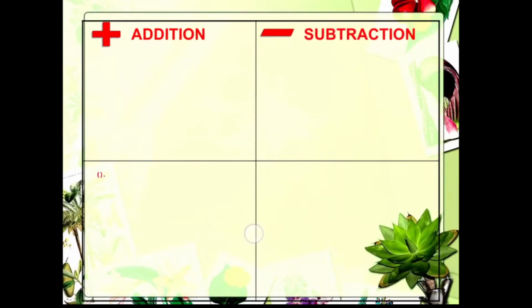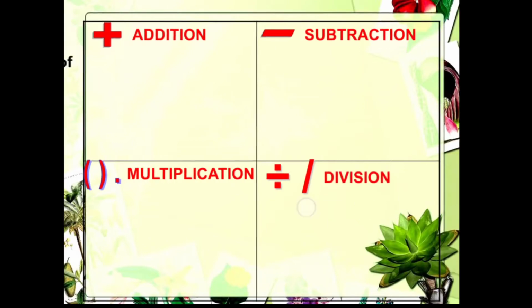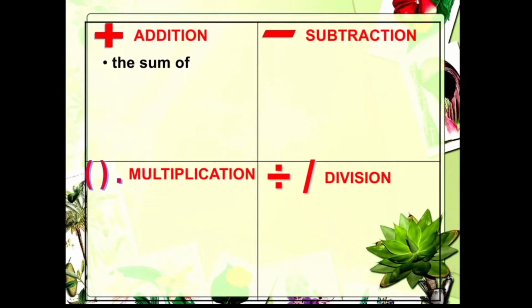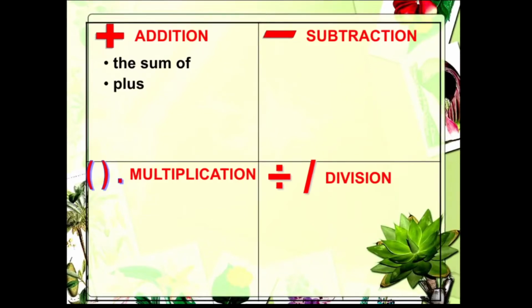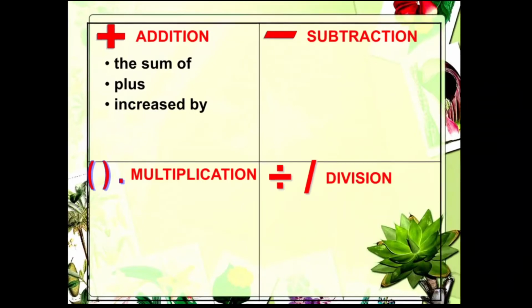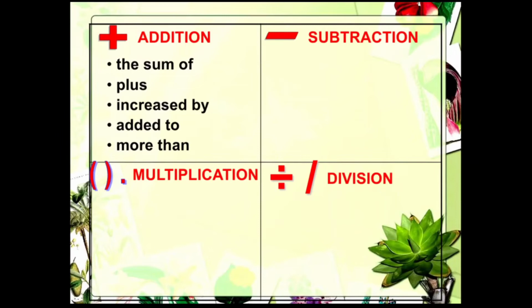Our four fundamental operations are addition, subtraction, multiplication, and division. For addition, we have the sum of. When you read the words the sum of, that is for addition. Next, plus. Then increased by, added to, and more than.